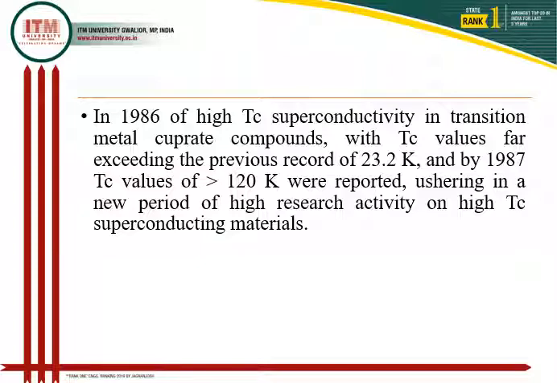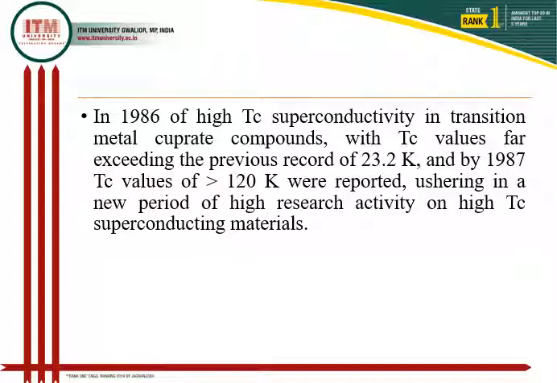In 1986, the highest TC for superconductors was about 23.2 K, but within a year, people reported TC at more than 120 K. And they tried a new direction for these superconductors, including high pressure areas.